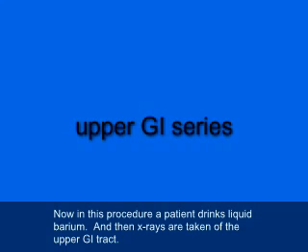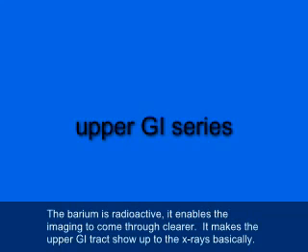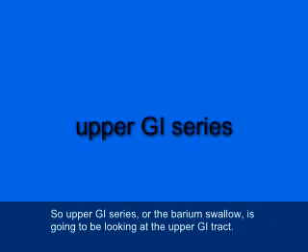Now, in this procedure, a patient drinks liquid barium, and then X-rays are taken of the upper GI tract. The barium is radioactive. It enables the imaging to come through clearer. It makes the upper GI tract show up to the X-rays, basically. So upper GI series or a barium swallow is going to be looking at the upper GI tract.